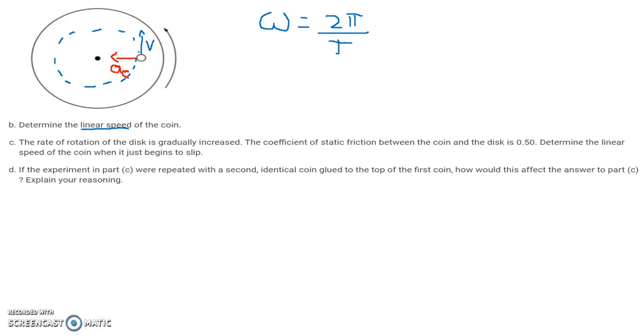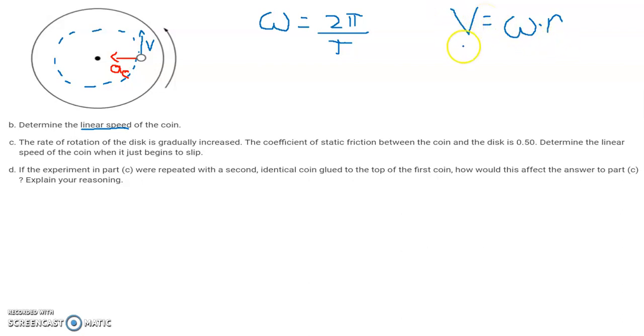Okay. Now, something that I also know is that the linear velocity is equal to the angular velocity times the radius. This is not on the equation sheet. This is something that you have to know, but since the test this year is open note, I would add this to your equation sheet.